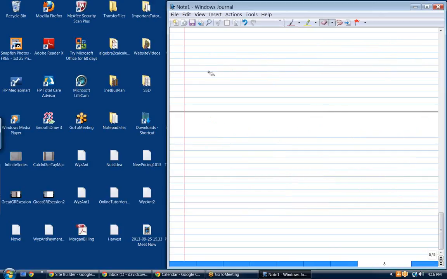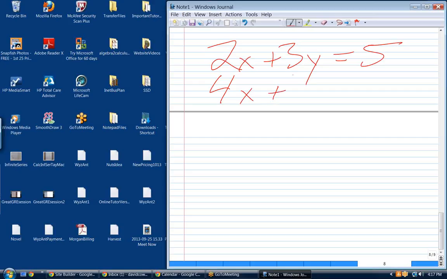In other words, if I give you this equation, and then I say, well, I know you can't solve that for x and y, but let me give you a second equation. Is this going to help us solve it? Well, let's try it and see what happens.